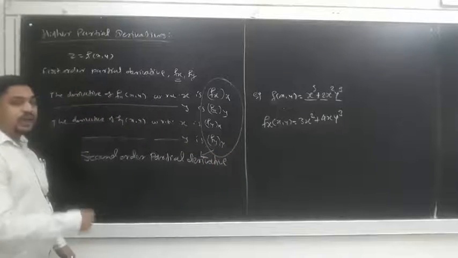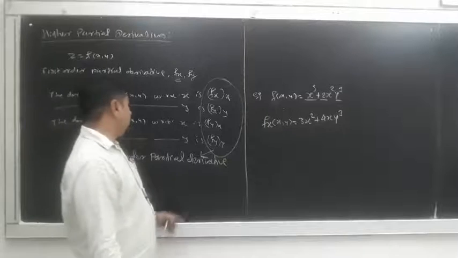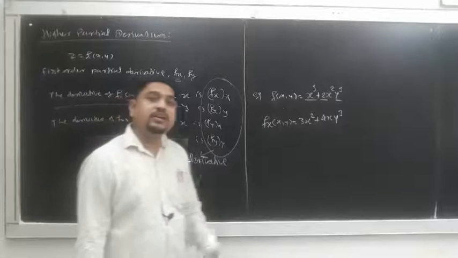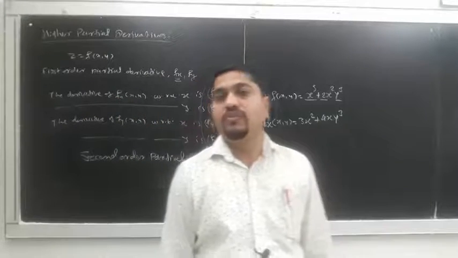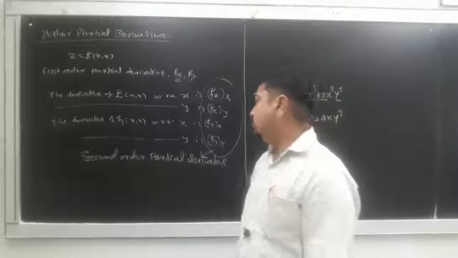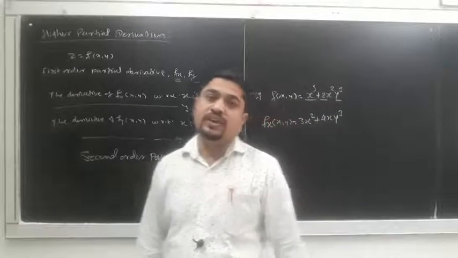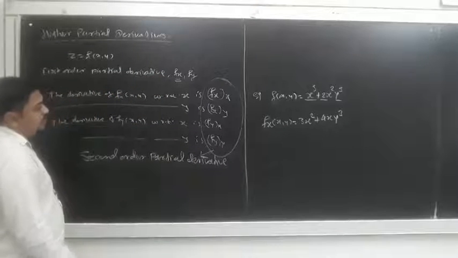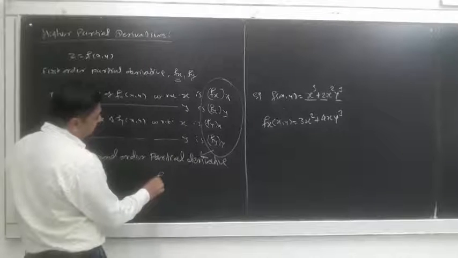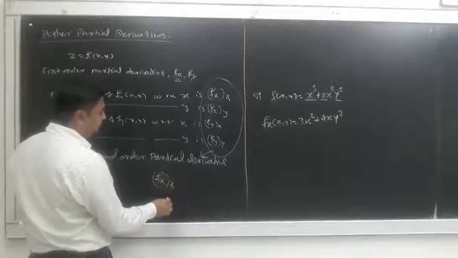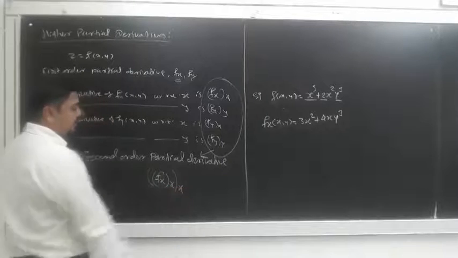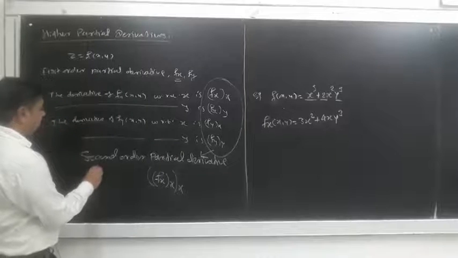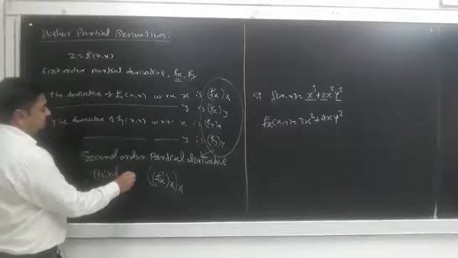And if we again differentiate these second order partial derivatives with respect to x and y, we get third order partial derivatives, and so on. Similarly we can find the partial derivatives again and again. This is nothing but the third order partial derivatives.